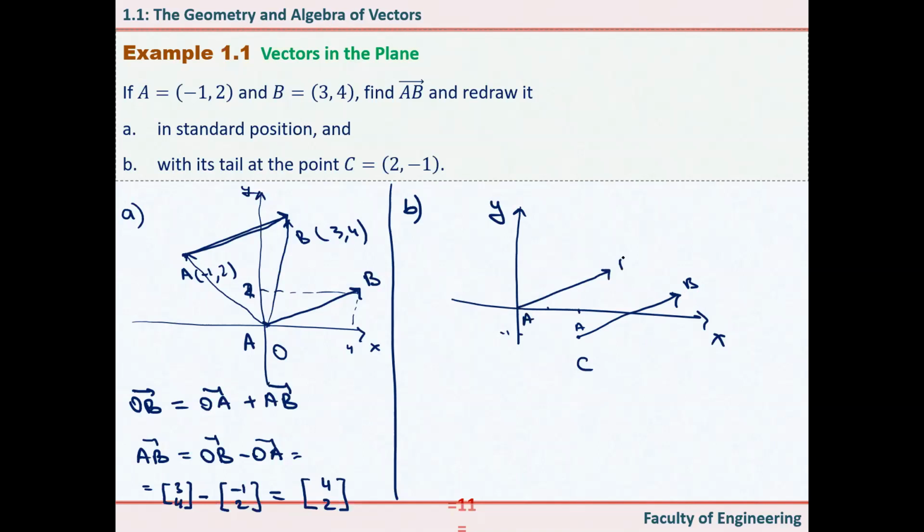And originally it was here, right? Okay, describing the same vector in 3 different ways: standard position, and placing its tail at the given point, that is C. Coordinates of C are 2, -1.